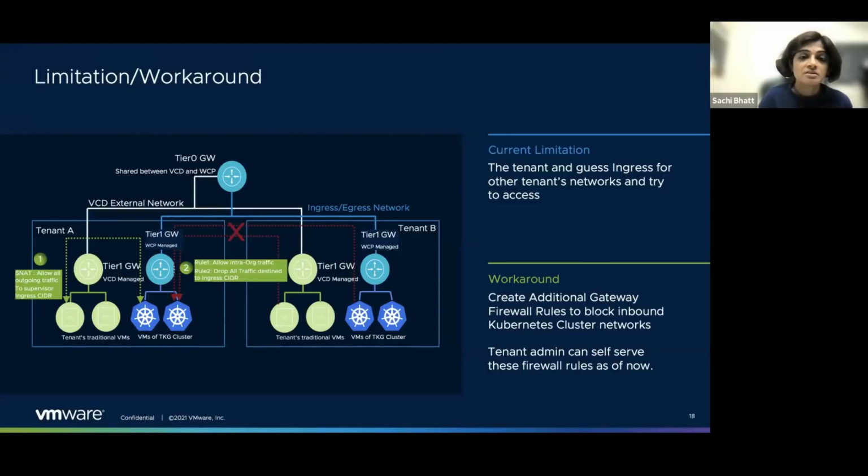The other thing is with TKGS currently, all the ingress load balancing configuration is managed by the Supervisor Cluster itself. So we don't have to do any additional ingress load balancing configuration. Okay, that's good. When we create a Kubernetes cluster as a customer, all the configuration is handled by NSX-T NCP.